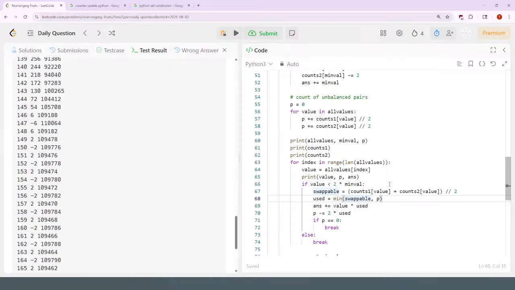So for each pair, okay, so swappable is the number of pairs. The number of pairs of things I can use. There's 2 40s. 140 can be used as the swappable pair. And how many times I use it would be 2 times the number of swappable.